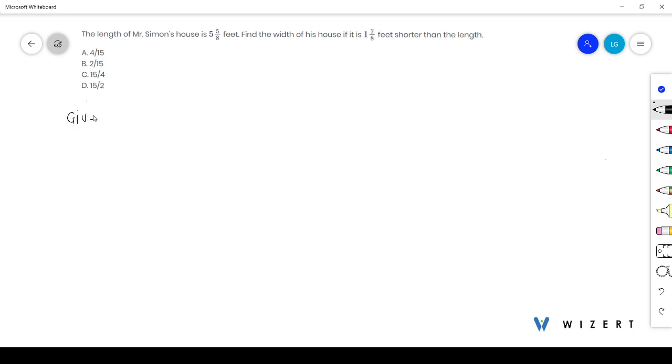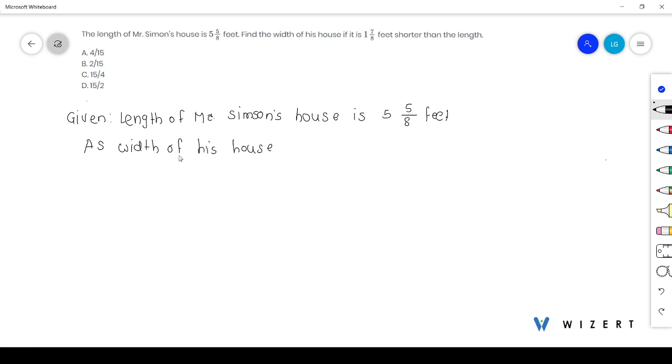Here we have given the length of Mr. Simpson's house is 5 5/8 feet, and the width of his house is 1 7/8 feet shorter than the length.